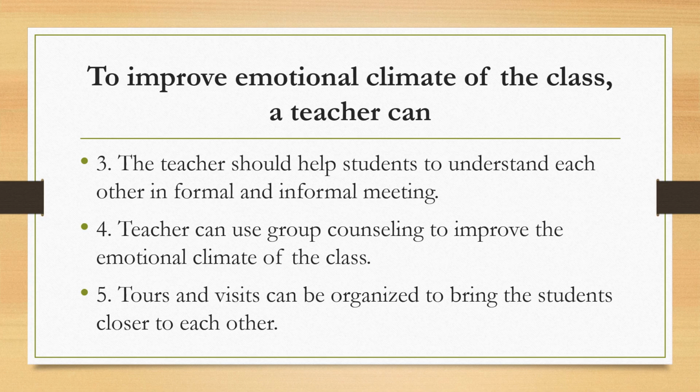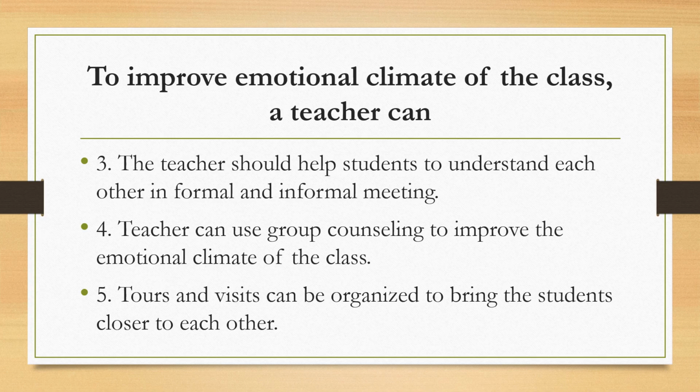So to create some kind of emotional bonding or emotional climate within the classroom, we should work in such a way that they are all together as one family. And just like a family has certain events and activities and discussions, understanding, all that kind of thing needs to happen.